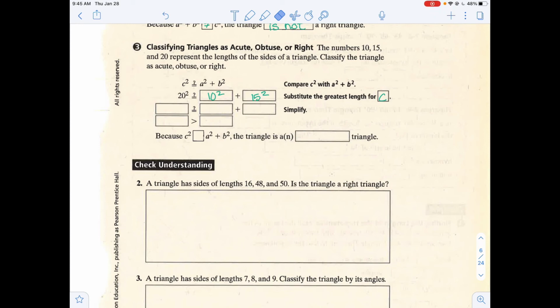So c squared is 20 squared, and we're comparing it to 10 squared plus 15 squared. We know that's 400, and we're checking if it is equal to 100 plus 225, which is 325. 400 is greater than 325. So since c squared is greater than a squared plus b squared, it is an obtuse triangle.